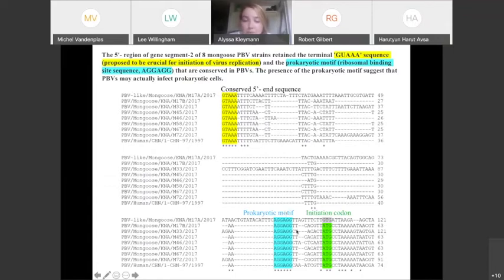This prokaryotic motif is upstream from the initiation codon, in which you see the majority of our strains use an ATG initiation codon, whereas our strain M17A uses a GTG initiation codon, which I will delve into in the next slide.